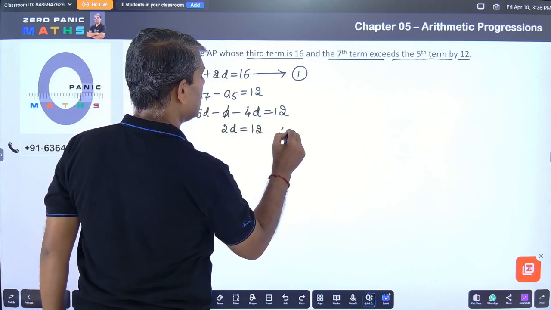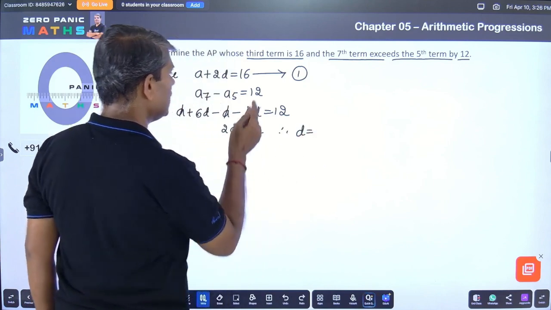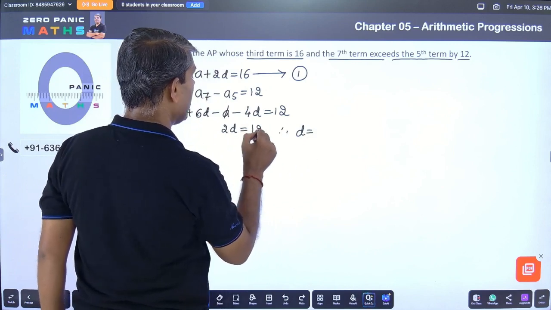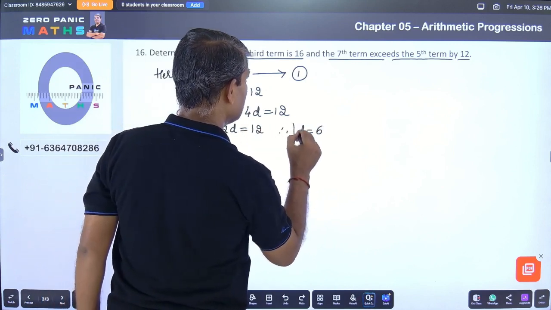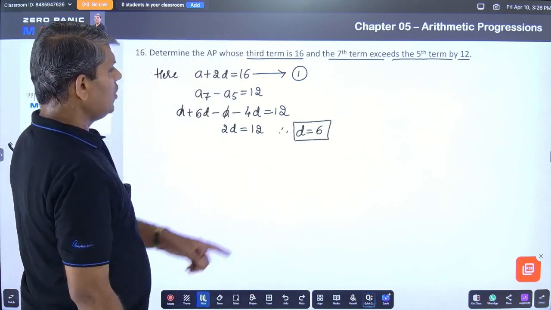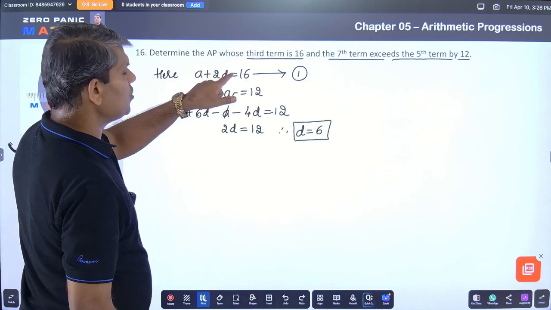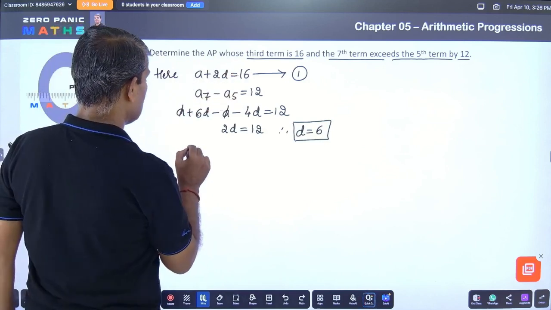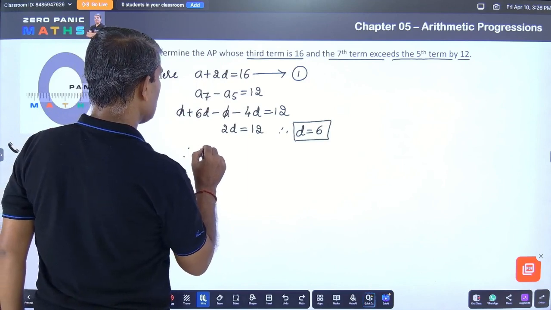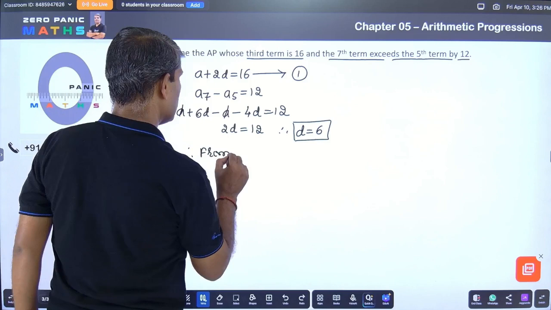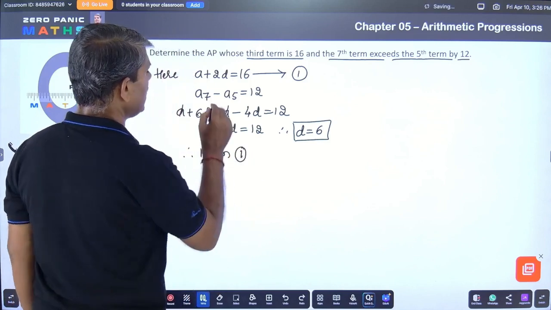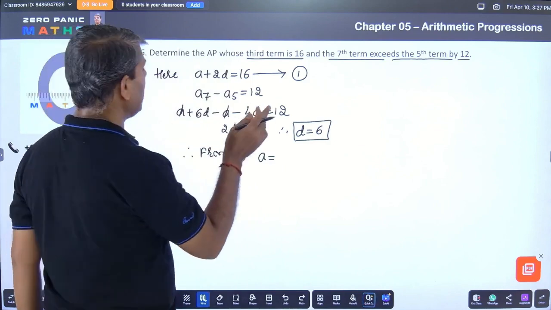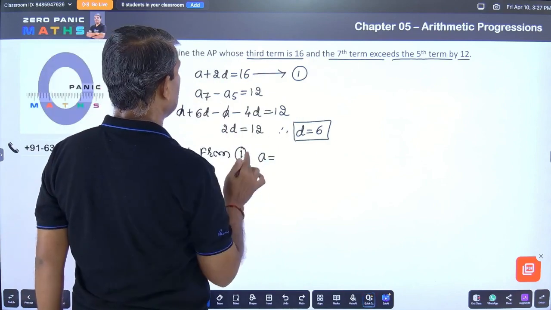So therefore D is equal to 12 by 2, that is 6. D is equal to 6. With D equal to 6, if you substitute in equation 1, you are going to get A. If you find A and D, you get the whole arithmetic progression.